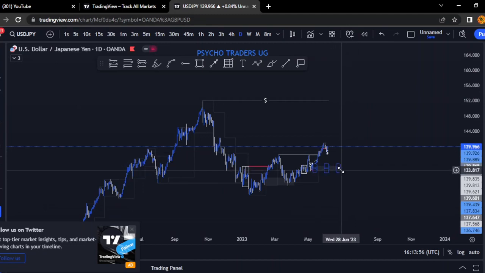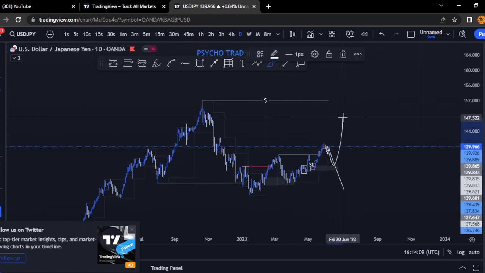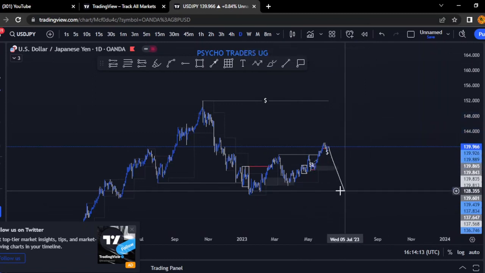So I was looking to buy from this area, but according to the context and how markets are moving right now, I'm expecting just a push through, though this may happen, but by the moment, according to the context, I'll be looking for sells.